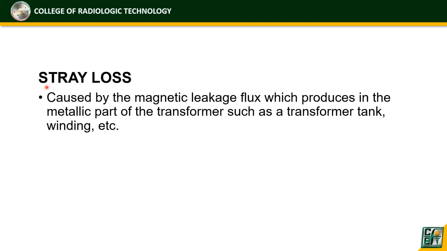Okay, stray loss. Kaya nga siya ay stray. Ibig sabihin, nawawala, naligaw. Naligaw yung kanyang loss. Okay, naligaw yung kanyang leakage sa iba't ibang metallic parts ng transformer. So that is stray loss.